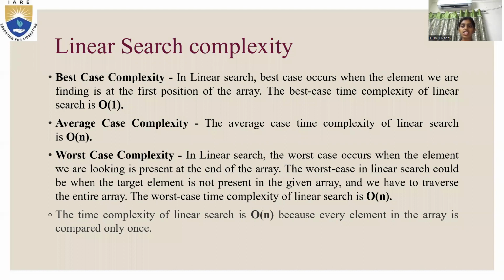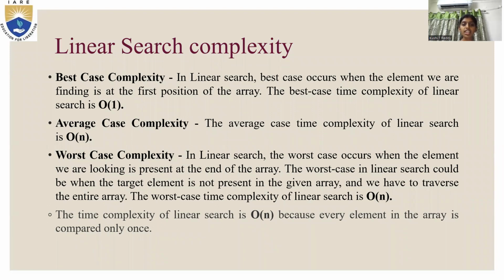So coming to the linear search time complexities. Best case occurs when the element we are finding is at the first position of the array. The best case time complexity of linear search is big O of n. Coming to average case complexity, the average case time complexity of linear search is big O of n.